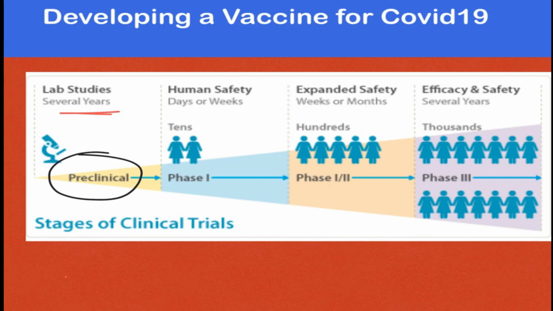Now in normal situations this would take many years. For some drugs it can take over 10 years for them to be produced.